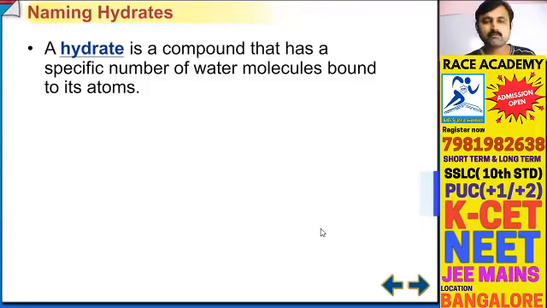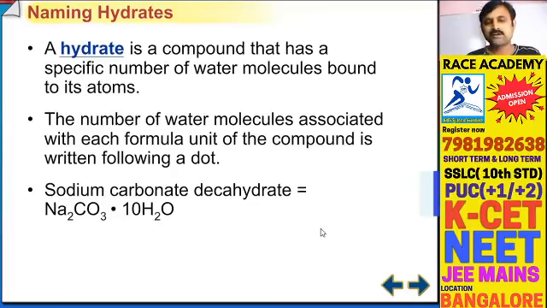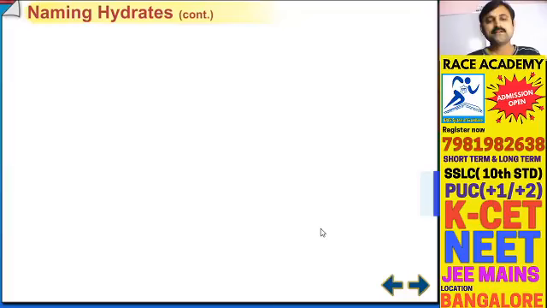The number of water molecules associated with each formula unit of the compound is usually written with a dot. Between sodium carbonate and water, there are 10 waters, so we put a dot. 10 means deca, so it is sodium carbonate decahydrate.